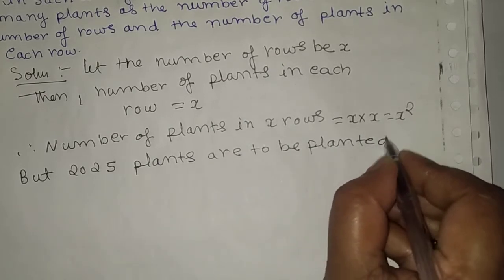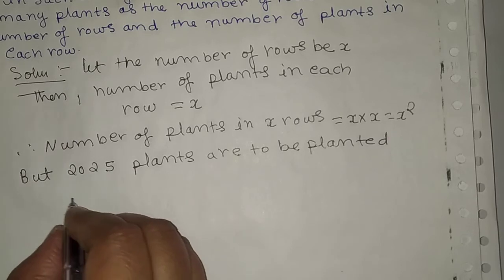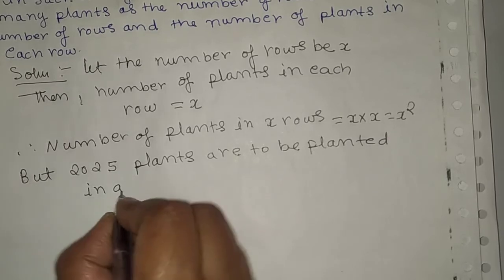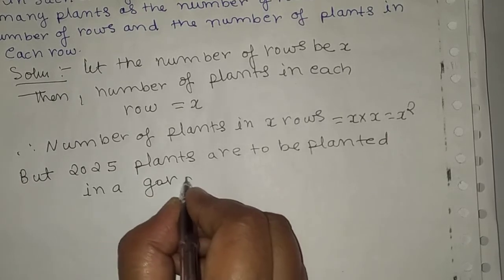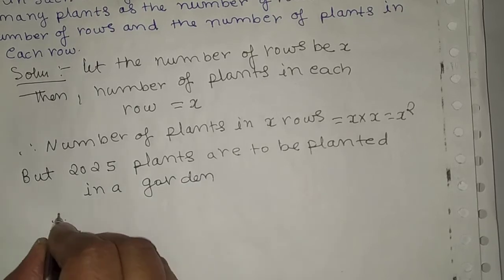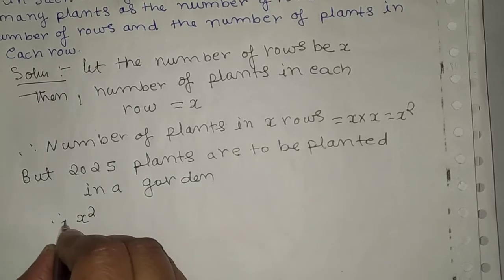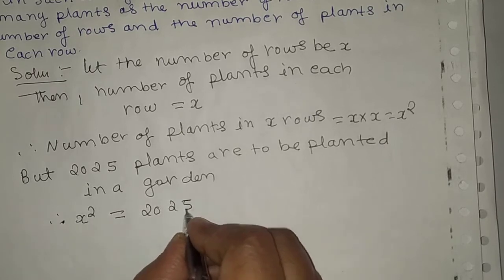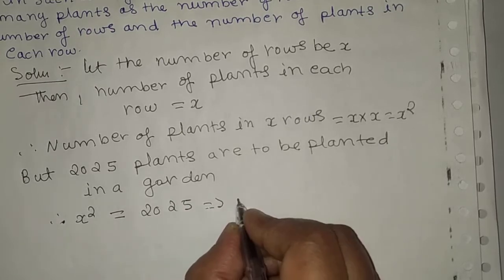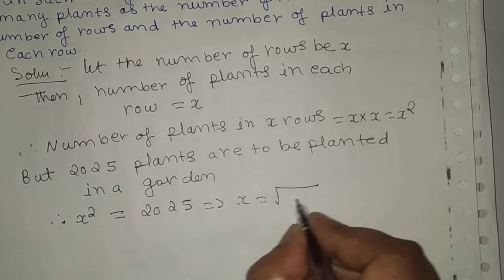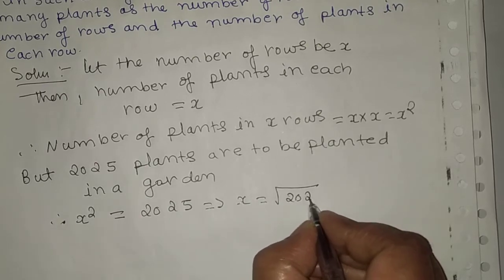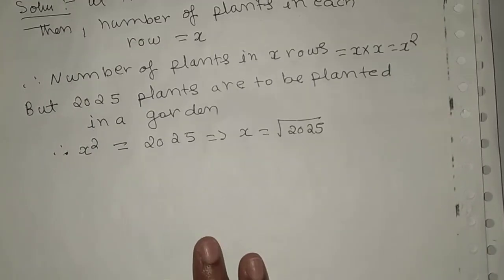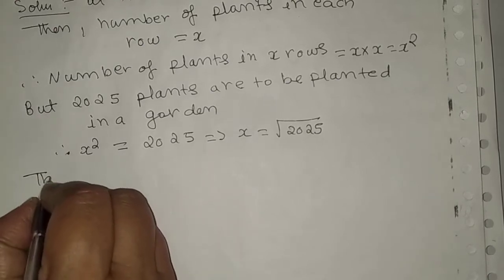So how much they have given? 2025 plants to be planted in a garden. Therefore, x square is equal to 2025, that is x is equal to square root of 2025. So next step, the prime factorization.